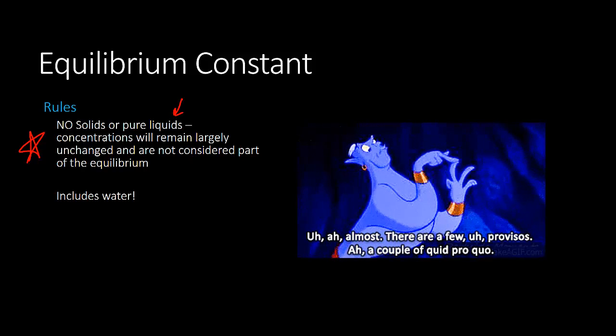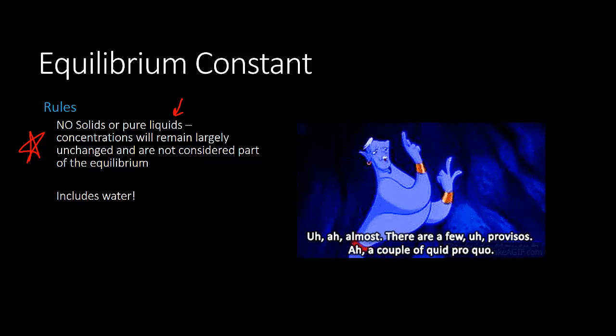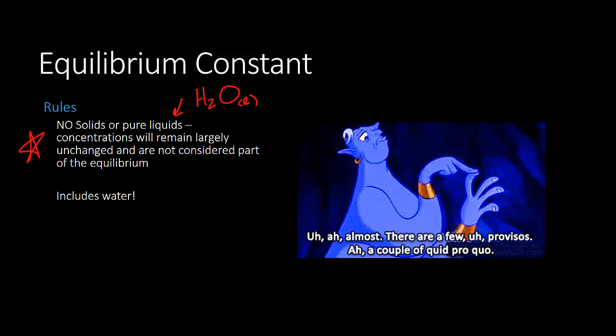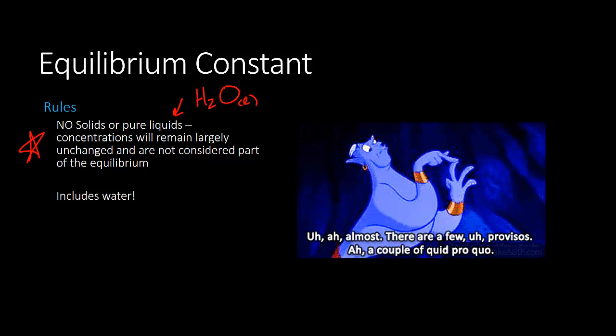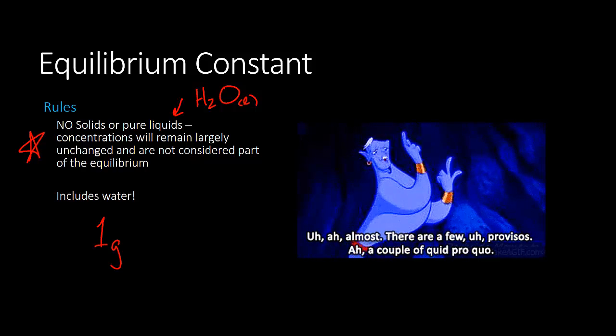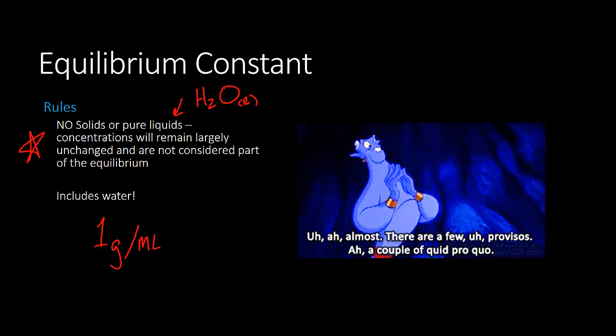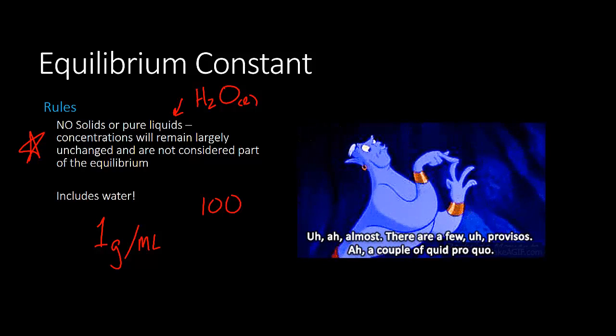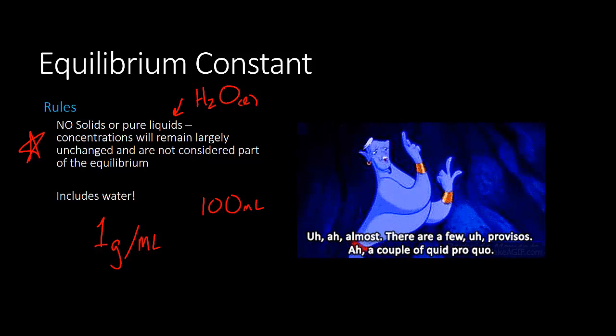The reason for this is because something like, say, water. If you have a reaction that includes pure liquid water, water has a density of 1 gram for every milliliter. So let's say that you carry out a reaction in 100 milliliters of water.